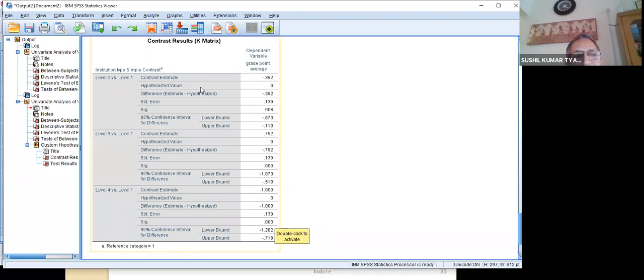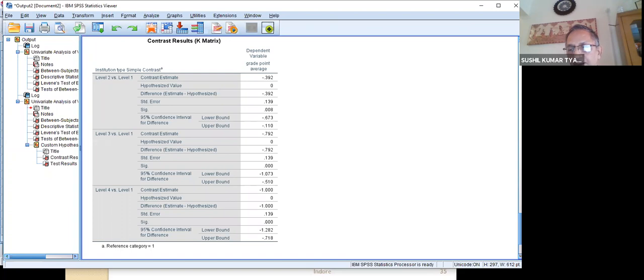In contrast test, you have one reference institution, one reference category, then you can compare every other group with that reference category. Only this much is possible. If you want all the comparisons, then go to post hoc test. But if you plan that this is sufficient, then you have this contrast test.